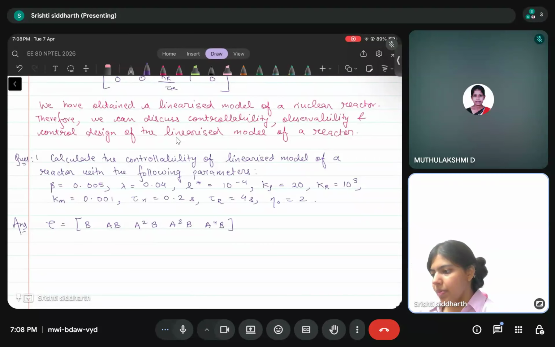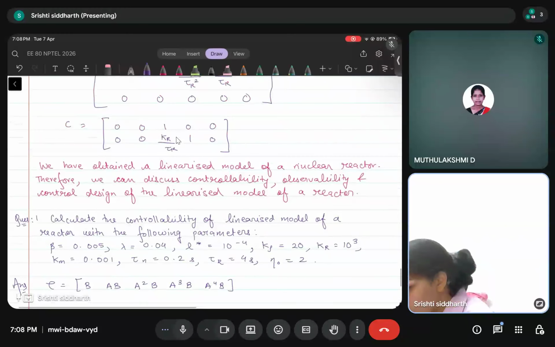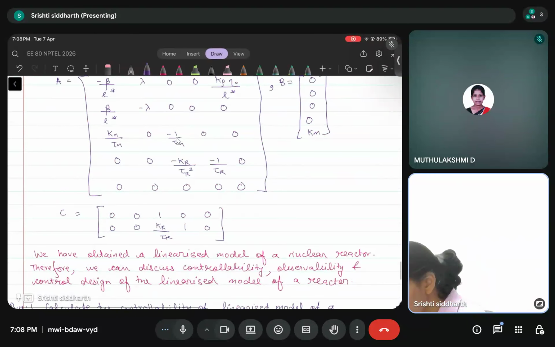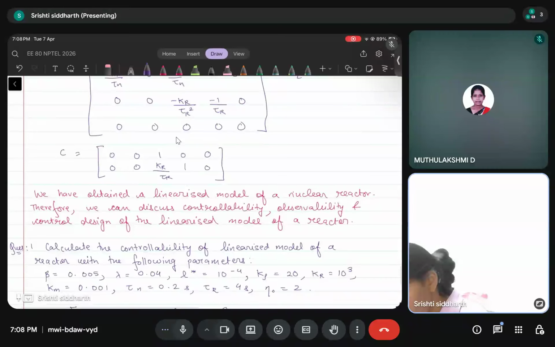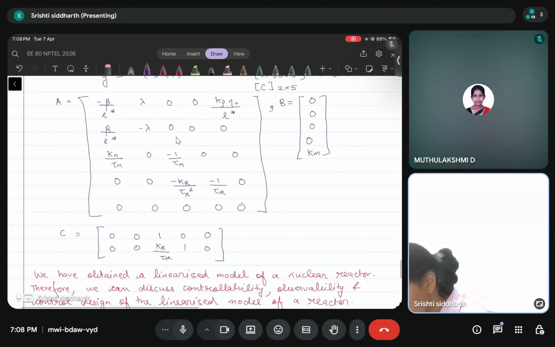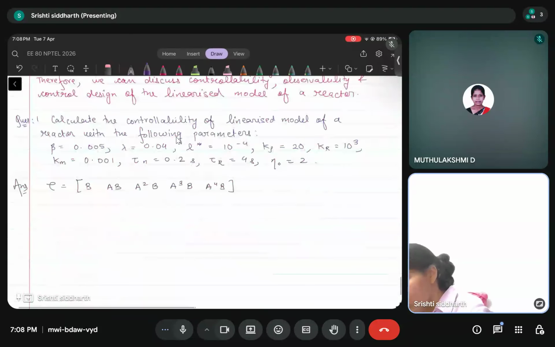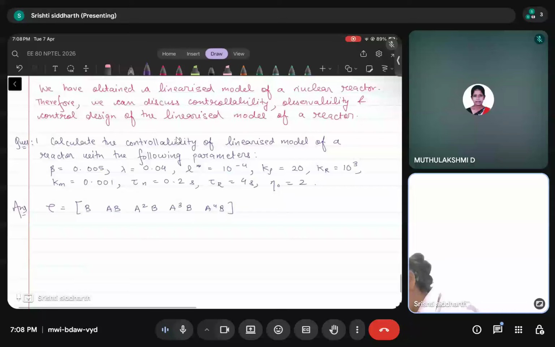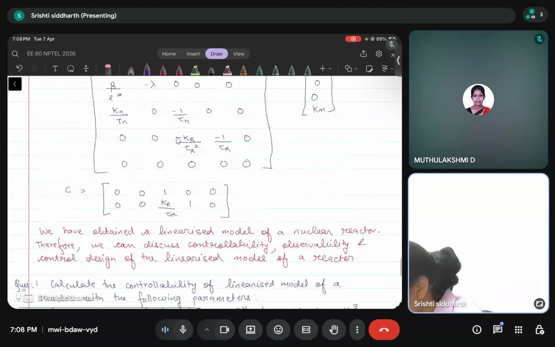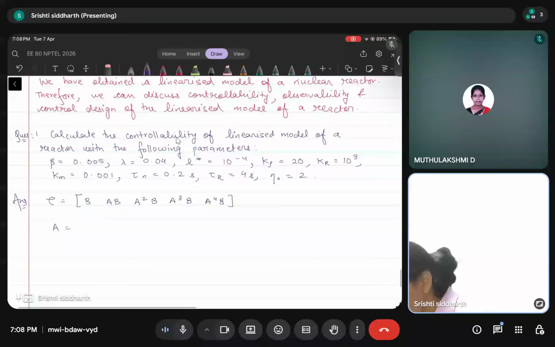Alright. So let's first write down what's A. The first quantity is minus beta over L star.